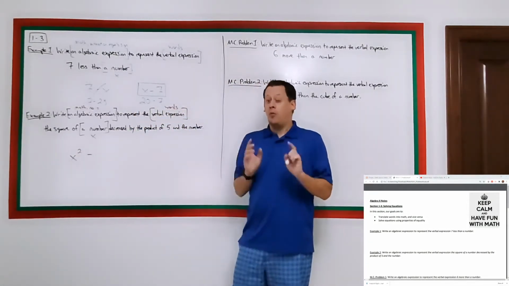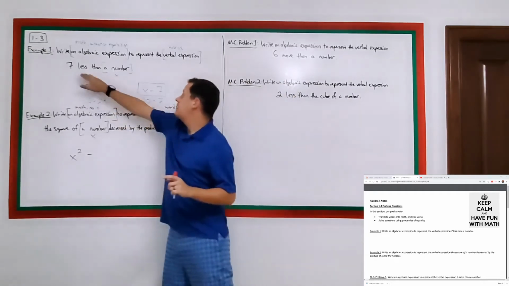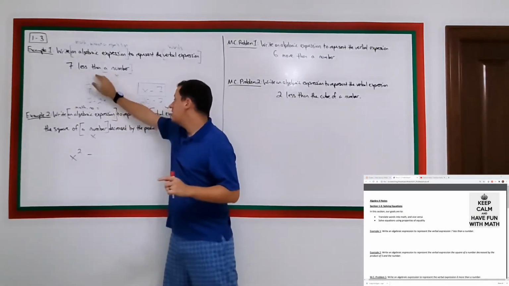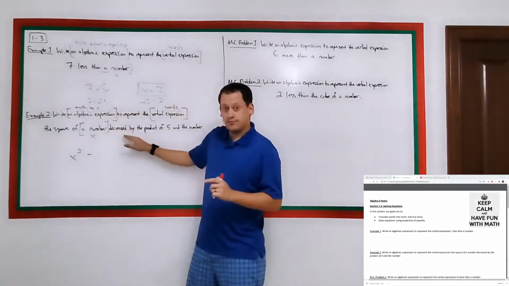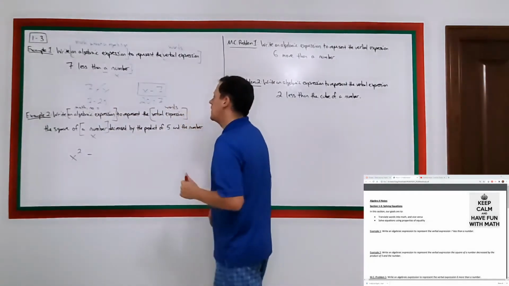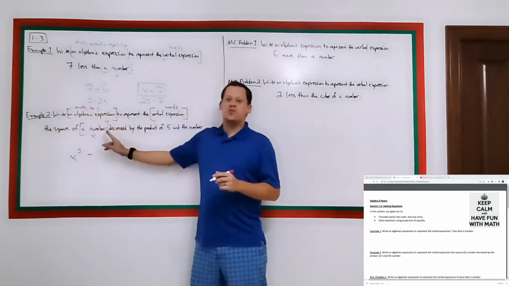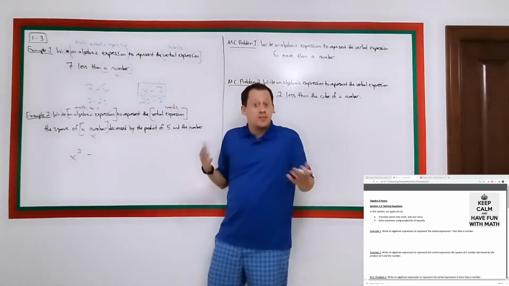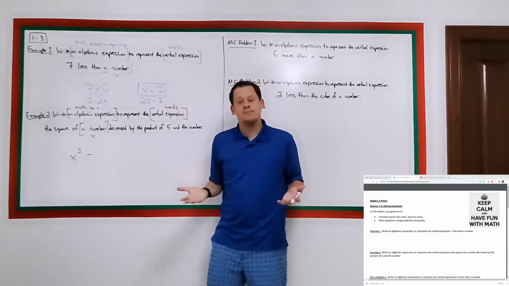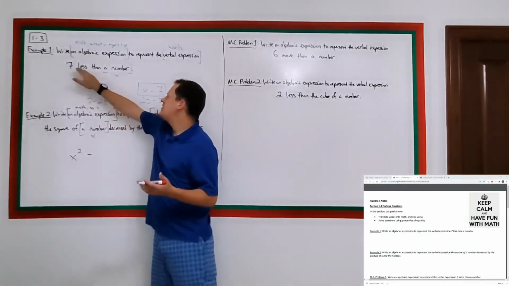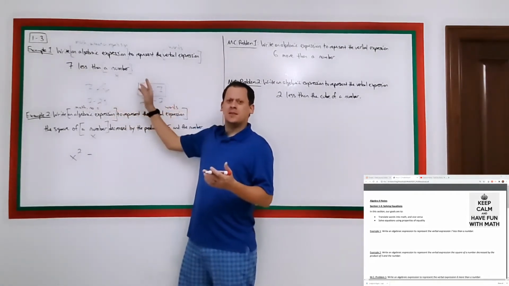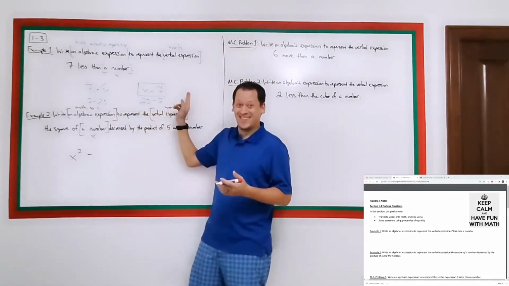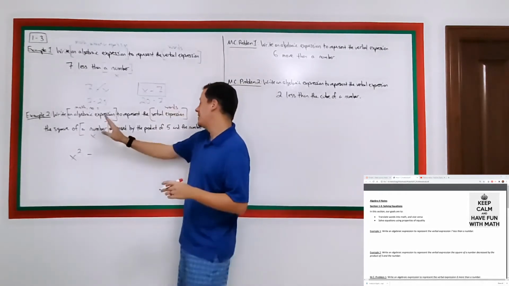Okay? I want you to think about the difference between this subtraction and this subtraction. If we had like 7 decreased by 2, that's 7 minus 2. But 7 less than 2 is 2 minus 7. So it is backwards.